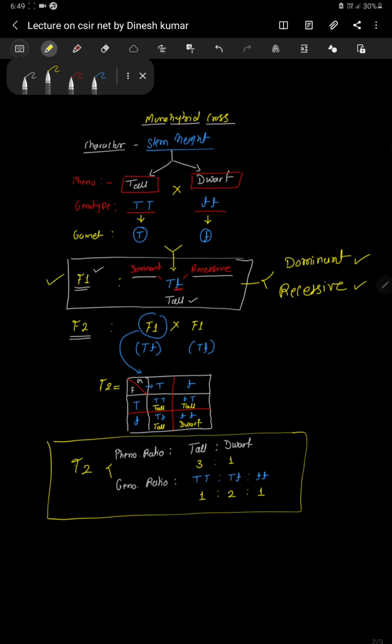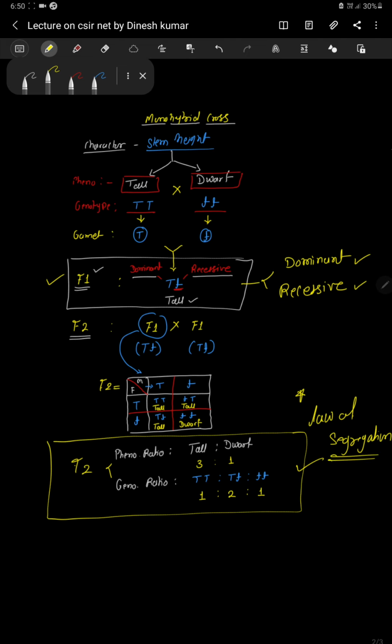Now what can we conclude from the F2 generation? From the F2 generation of the monohybrid cross, we make out the law of segregation.